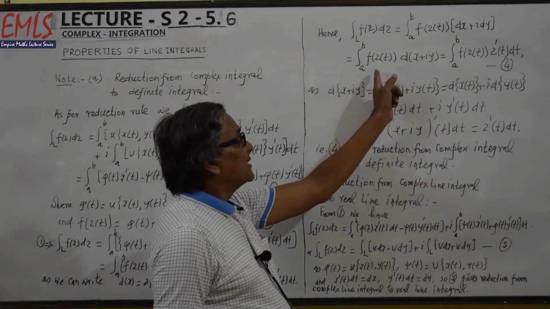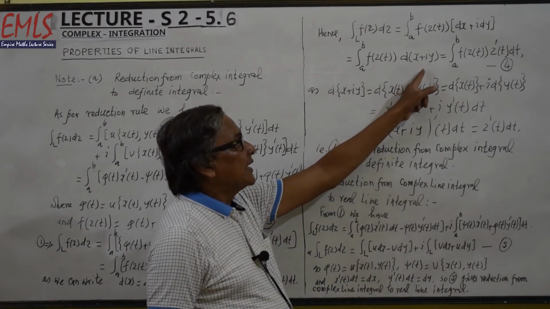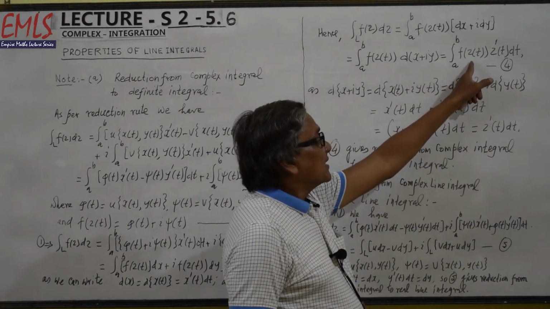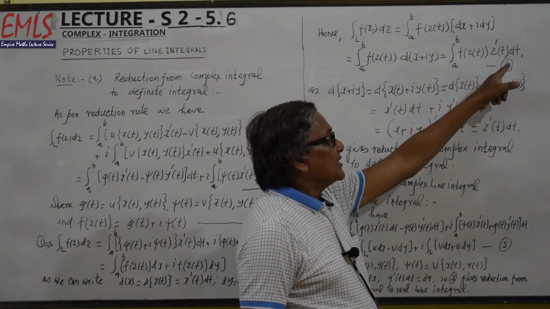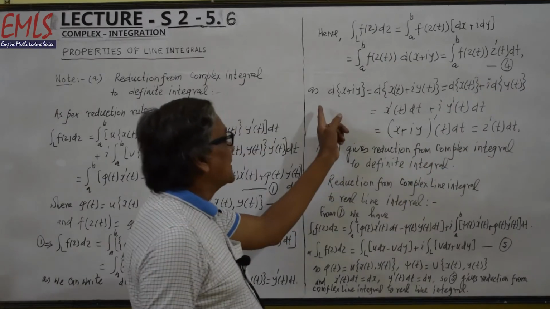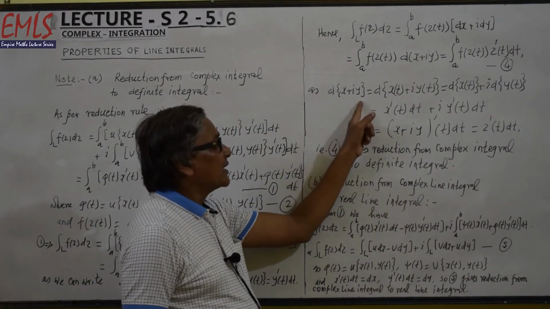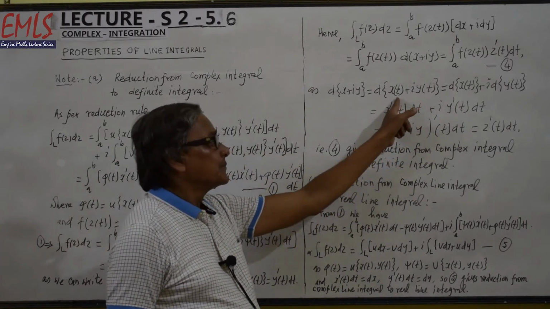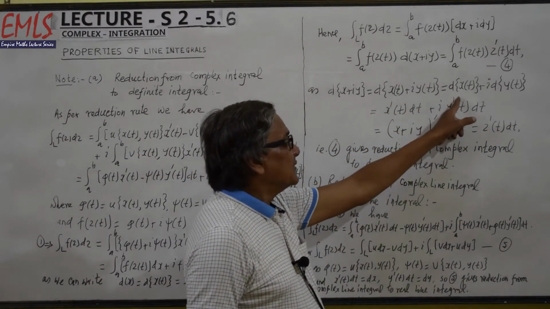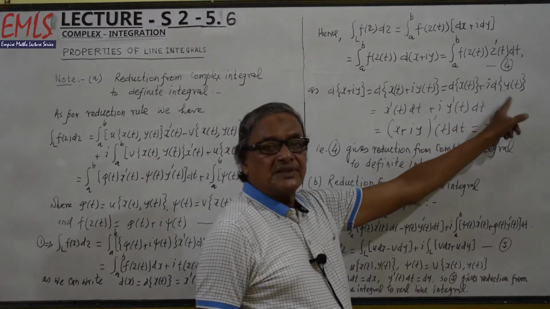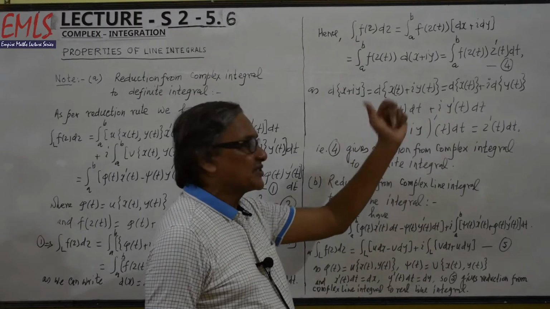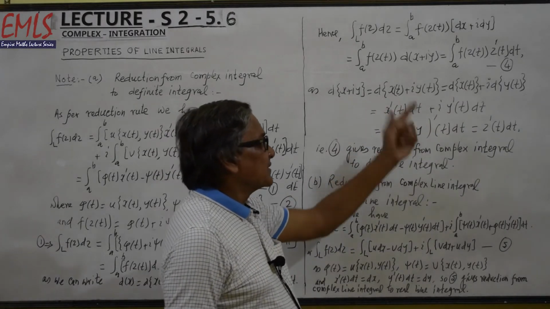And this will be equal to integral a to b f(z(t)) d of (x plus iy), and this will be equal to integral a to b f(z(t)) z'(t) dt, number 4, as d of (x plus iy) will be equal to d of (x(t) plus i y(t)) with parameter t, and this will be d of x(t) plus i times d of y(t), distributing this differential operator upon these two functions.